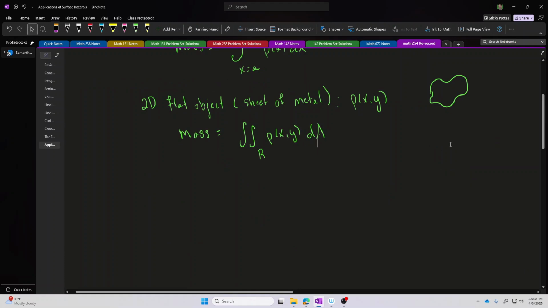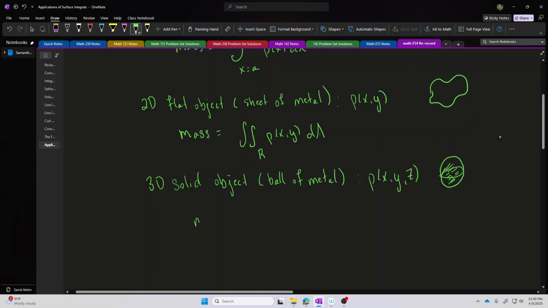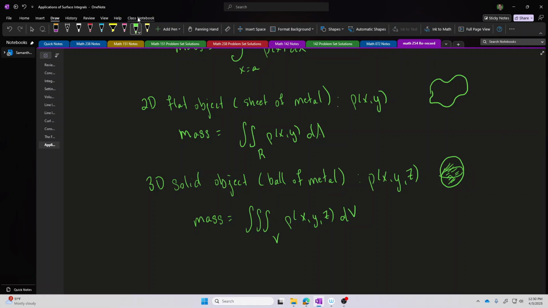If you have a three-dimensional solid object, then your density function would have three inputs. And in this case, we saw that the mass was calculated using a triple integral of that 3D density function over the three-dimensional region that the object occupies.